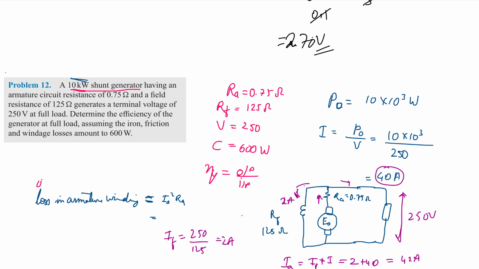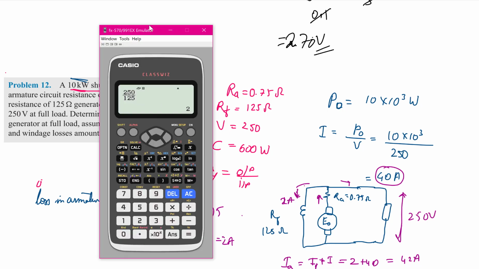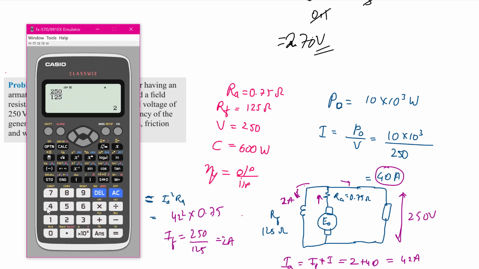So now we know the current in the armature and current in the field. So loss in the armature winding can be written as IA is 42, so 42 square into RA, which is 0.75.